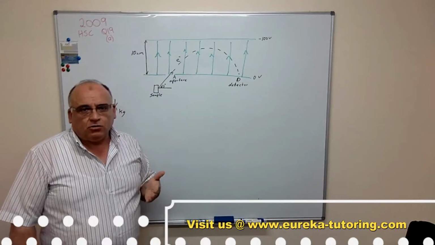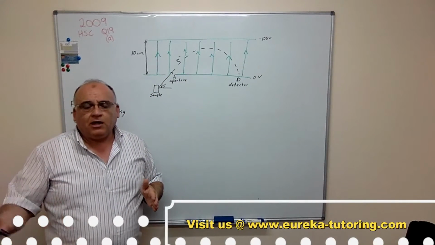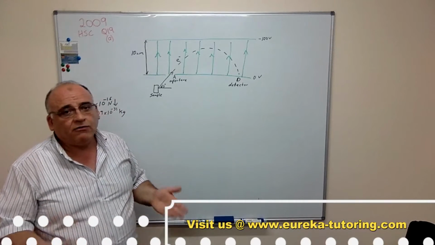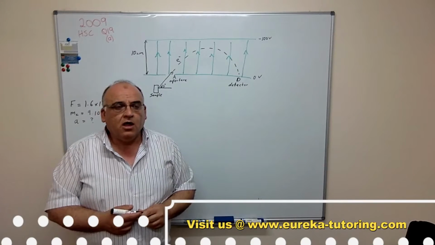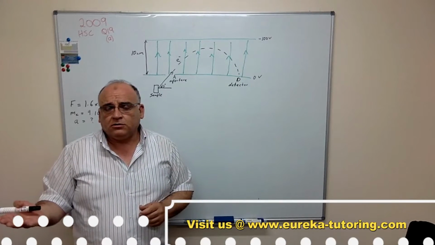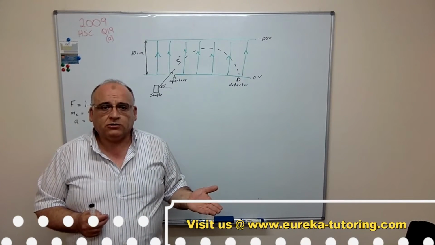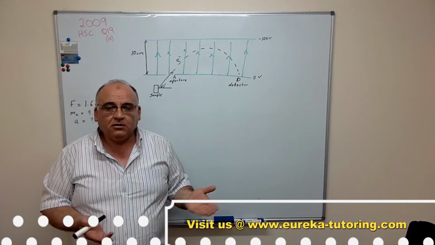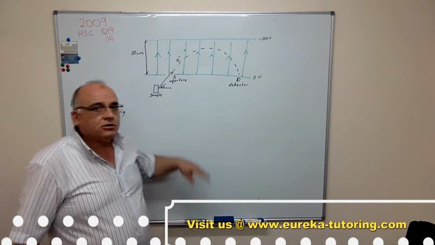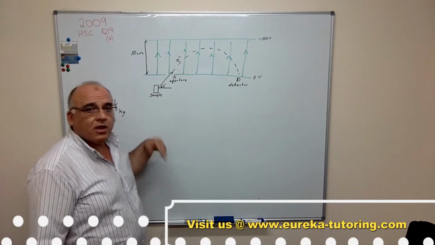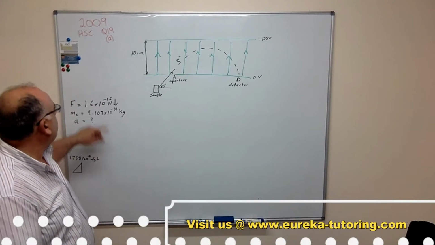According to Newton's second law, F equals ma. If you have a force, then you're going to have an acceleration. Acceleration and force go hand in hand. If you have zero acceleration, then your force will be zero. So if you move with a constant velocity, you'll have a net force of zero. So here we have a force, therefore we have an acceleration.